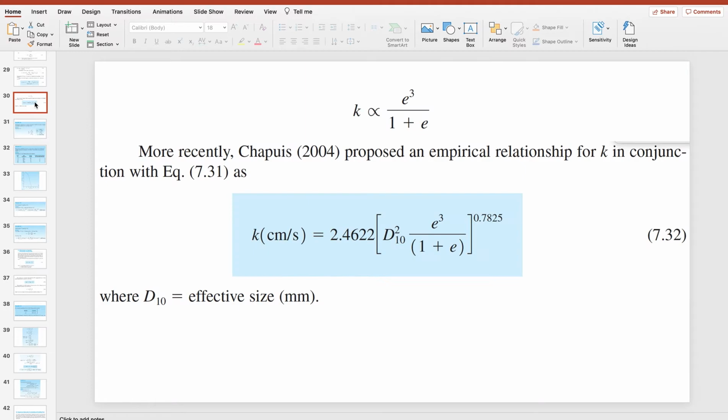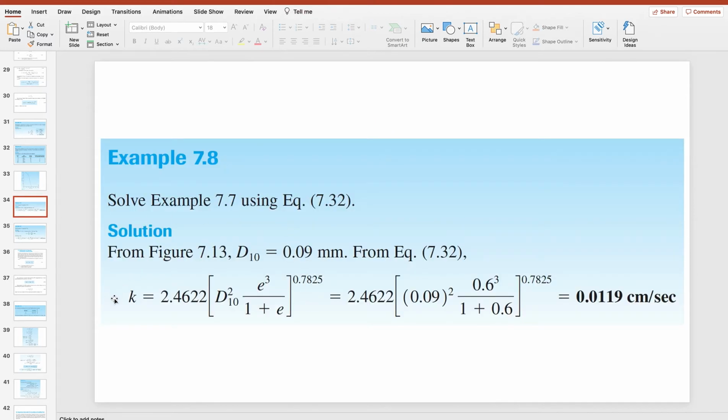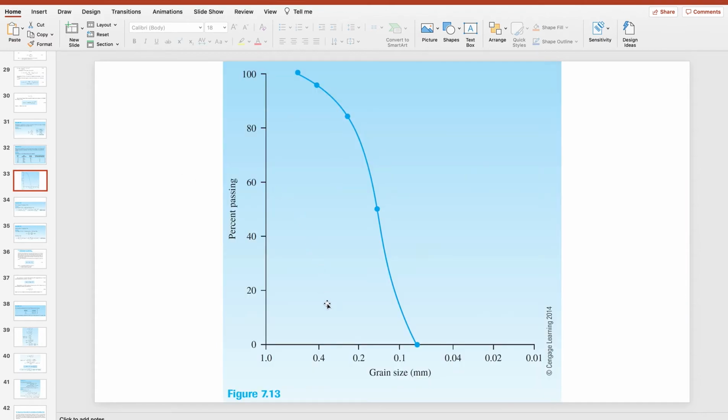So 7.32, this one. So copy that, paste it here. So D10 from the graph is 0.09. Okay? This is our D10. Right? From our distribution curve, we've learned how to determine our D10, D30, and D60.